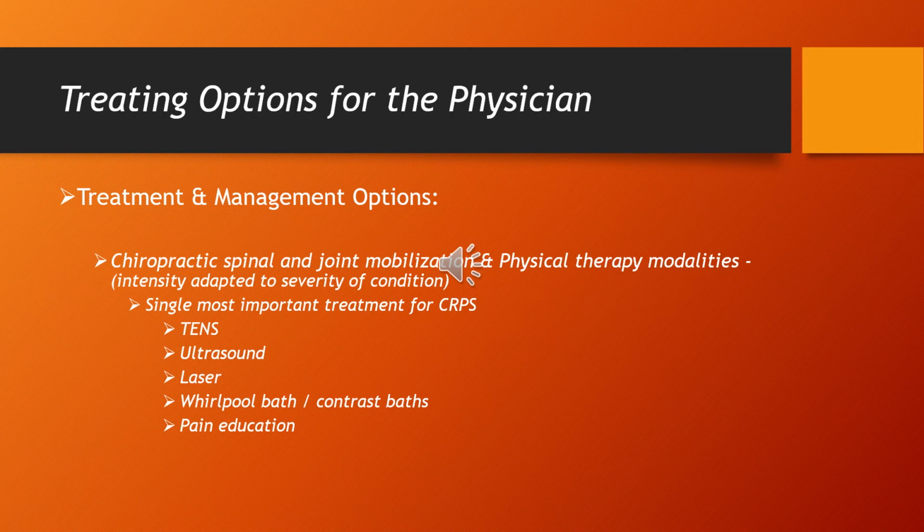Occupational therapy also can help an individual. They develop alternative ways to become active, return to work and get into their daily activities. Some physical therapies include the transcutaneous electrical nerve stimulator, the TENS unit, very popular, ultrasound, laser, pain education, just to name a few, and even whirlpool baths or contrast baths.